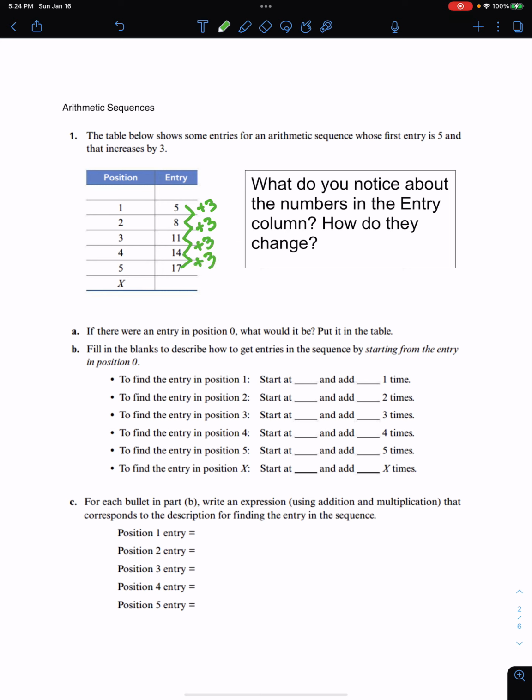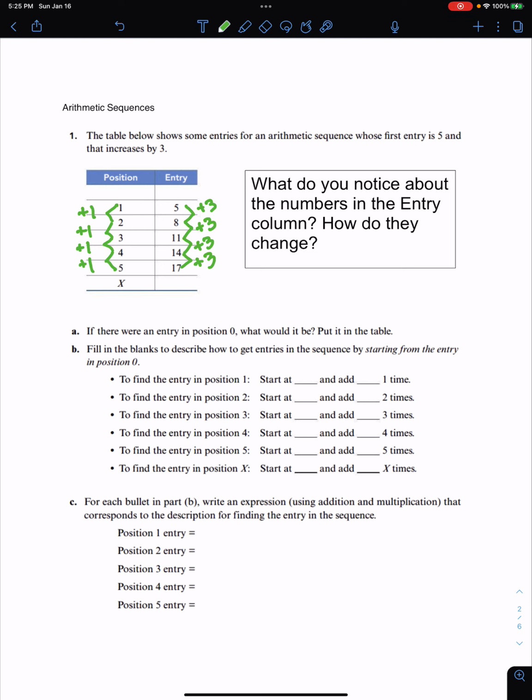So we're adding 3 here. We're also on this side, the position is changing by 1. So we're adding 1 every time we change position of our entry. So our entry is adding 3, our position is adding 1.